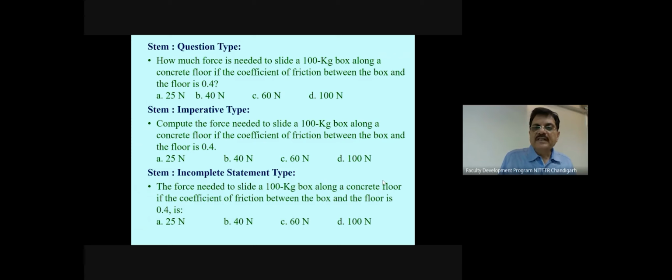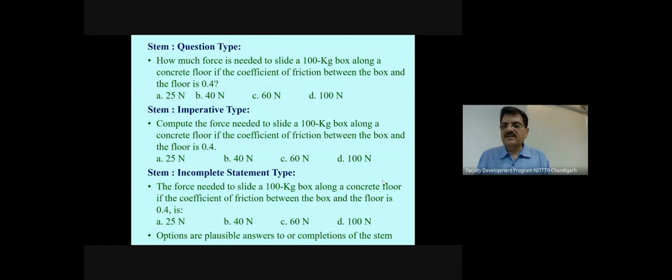The force needed to slide a 100 kg box along a concrete floor if the coefficient of friction between the box and the floor is 0.4, comma is then colon. ठीक है, तो पंक्चुएशन भी समझ आ गई कि अगर क्वेश्चन फॉर्म में है तो क्वेश्चन मार्क एंड में आएगा, अगर सेंटेंस फॉर्म में है तो फुल स्टॉप आएगा, और अगर फिल इन द ब्लैंक्स फॉर्म में है तो आप यहाँ ब्लैंक भी दे सकते हो, इज ब्लैंक देके फिर कॉलन, नहीं तो सीधा ऐसे.